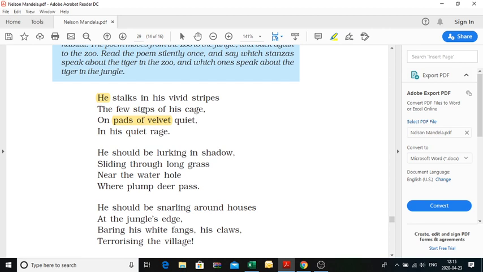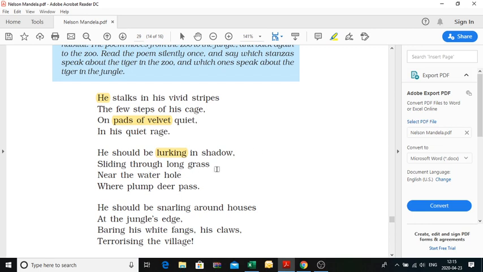He should be lurking in shadow. Lurking is what? Lurking is waiting. He is waiting secretly, right? He should be lurking in shadow. Shadow, you all know, is parchai or darkness, you can say.